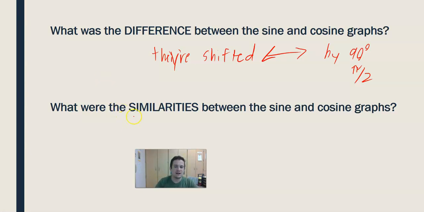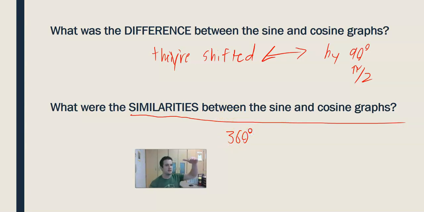What were the similarities between the sine and cosine graphs? Well, they both repeat themselves after 360 degrees. And they both reach a maximum point of y equals 1 and a minimum point of y equals -1. So let's look at this.